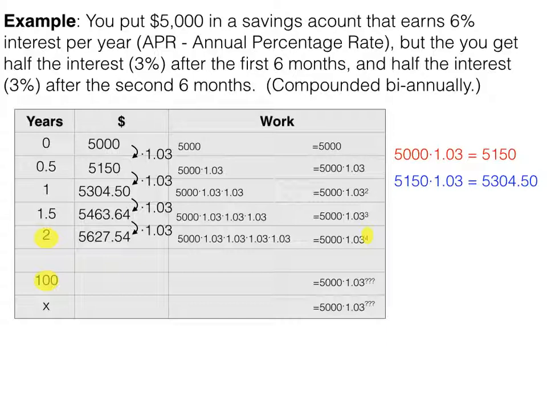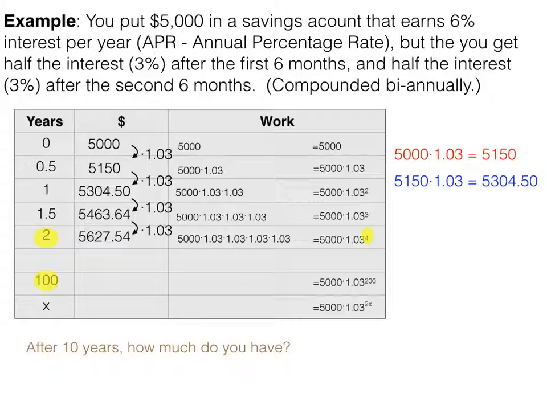So after 100 years have gone by, we have an exponent of 200 because the interest has accrued 200 times. Only 3%, not 6%, but 3% interest 200 times. So for x, the interest has accrued 2x times, 1.03 to the 2x power.